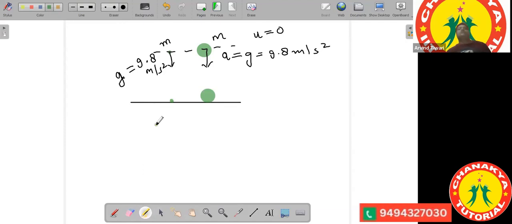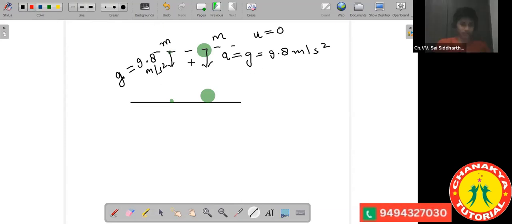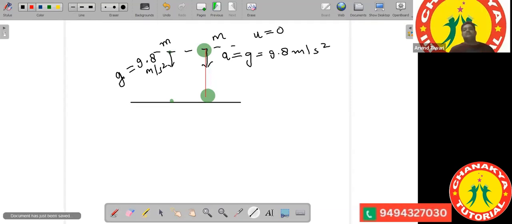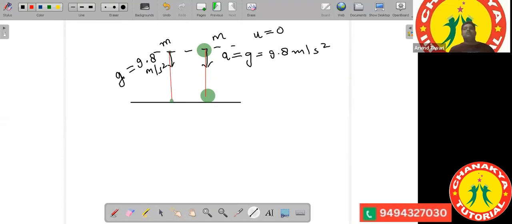Both are falling through the same distance. Now, which object will fall earlier? Same time, sir. They will both take the same time.